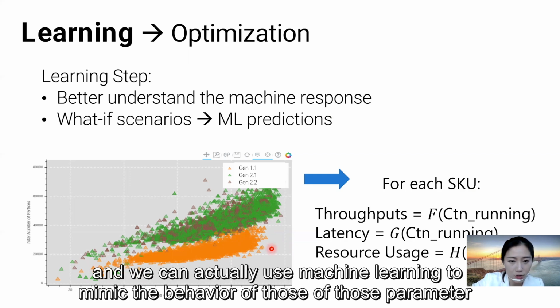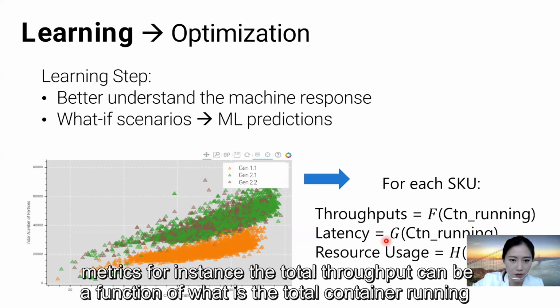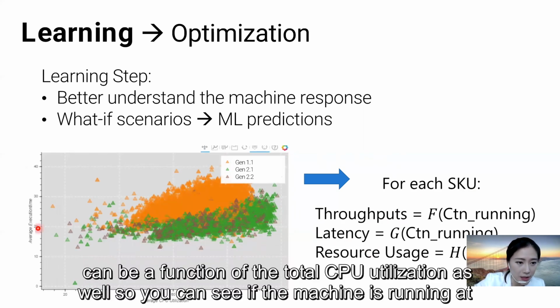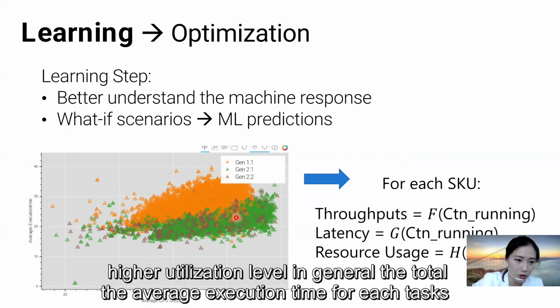And we can use machine learning to mimic the behavior of those parameter metrics. For instance, the total throughput can be a function of the total containers running on these machines on average, or the total latency for different groups of machines can be a function of the total CPU utilization as well. If the machine is running at a higher utilization level, in general, the average execution time for each task will be longer.